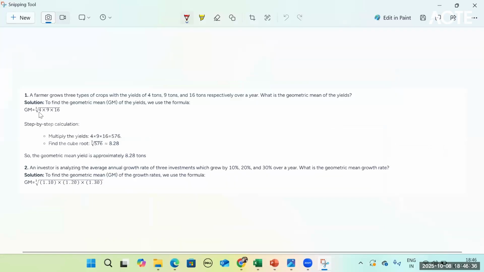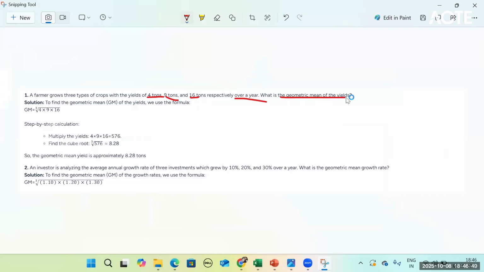So over here also, there are 3 values, that is 4 tons, 9 tons, and 16 tons respectively over a year. So the geometrical mean of the yields: we can write 4 into 9 into 16.